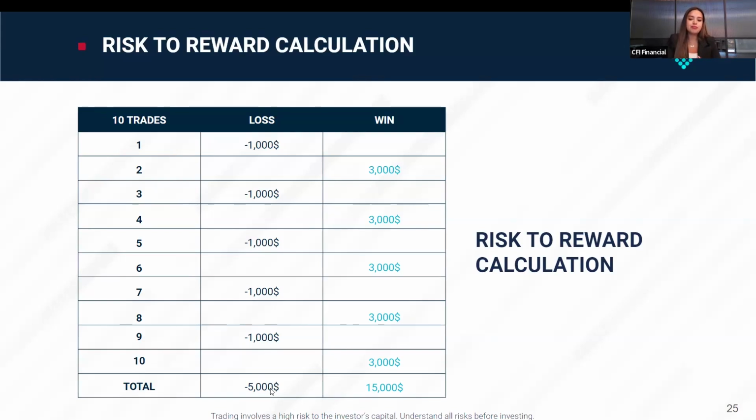So you can use a risk to reward ratio of either 2-to-1, meaning your profit target is double your stop loss, or 3-to-1, which is the most recommended, meaning you place your take profit 3 times higher than the stop loss.